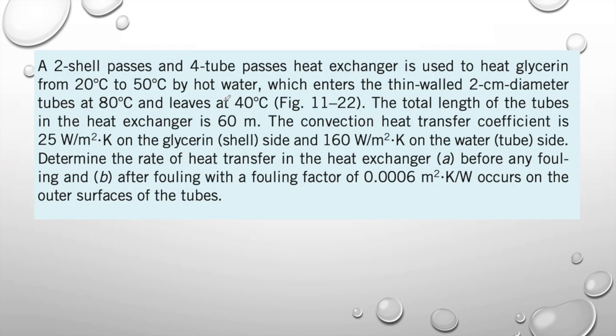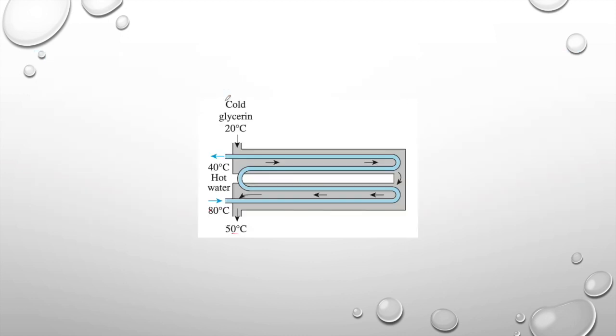Now we take a look at the first question, A, before any fouling. Which means we have to determine the rate of heat transfer in the heat exchanger. Since this is a combination of chapters 1, 2, 3, we have to take a look at this point.